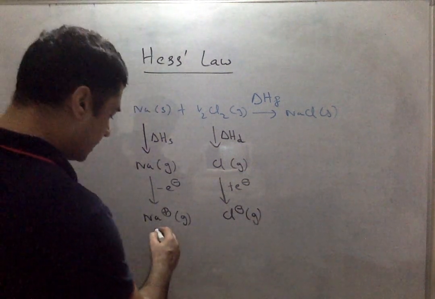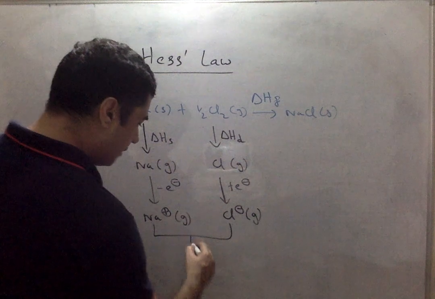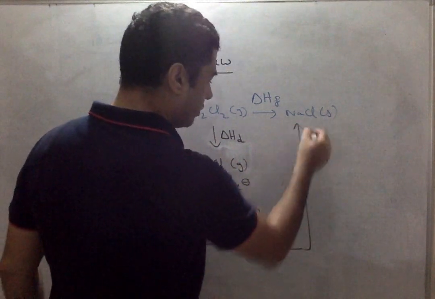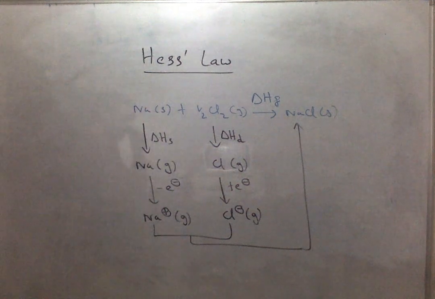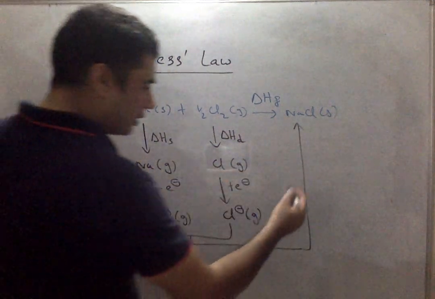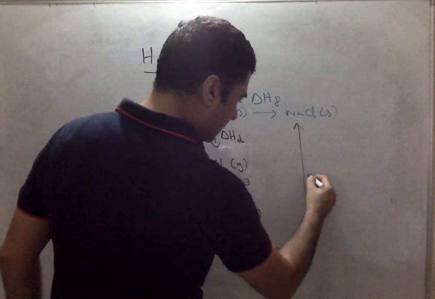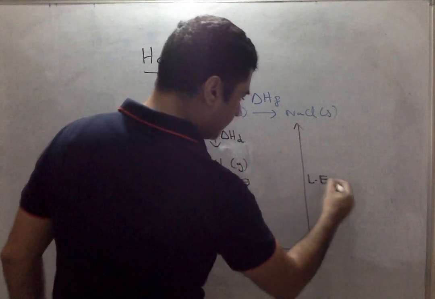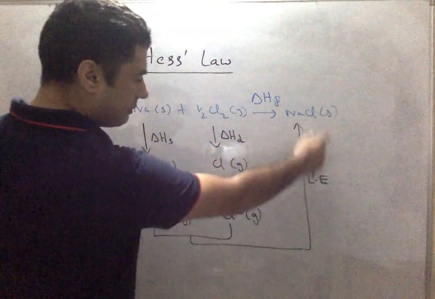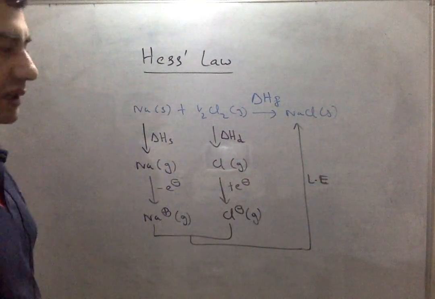Now, let's allow these ions to combine together and form solid sodium chloride. As we know, this is nothing but the lattice energy, and in this case it is being released. The reverse process of dismantling involves consumption of lattice energy.